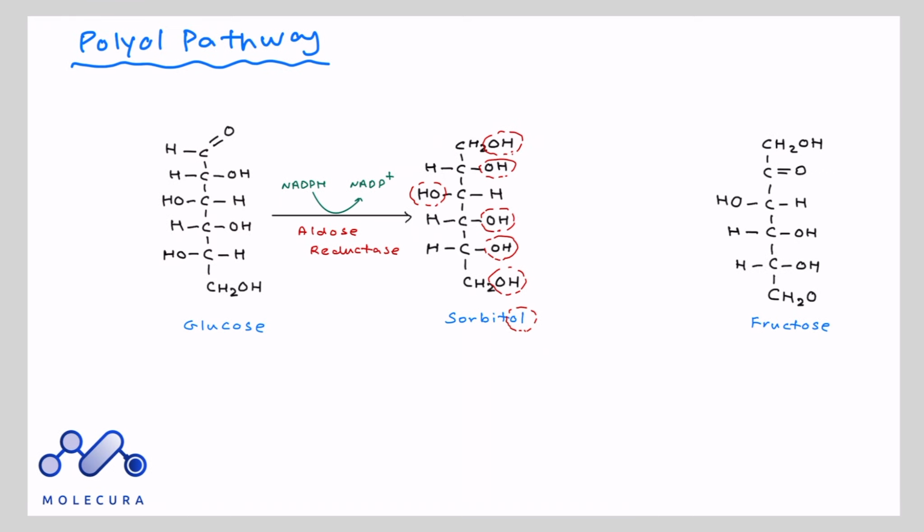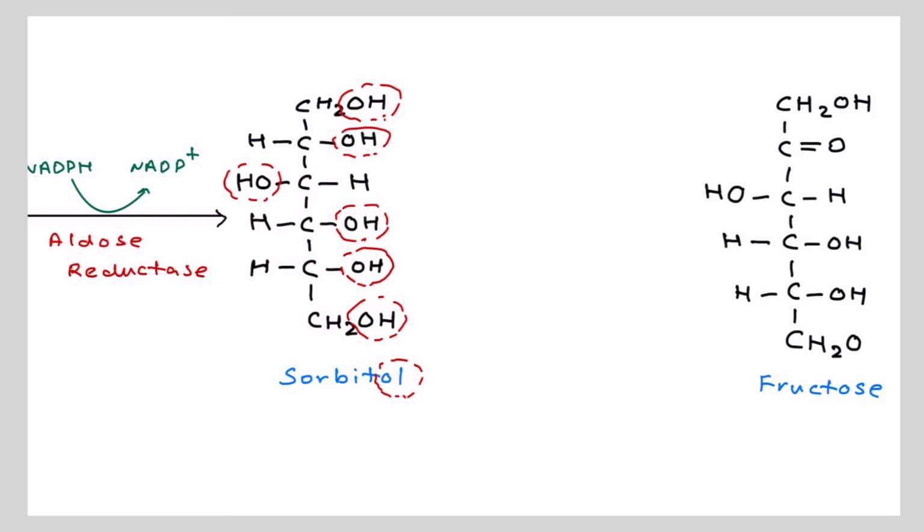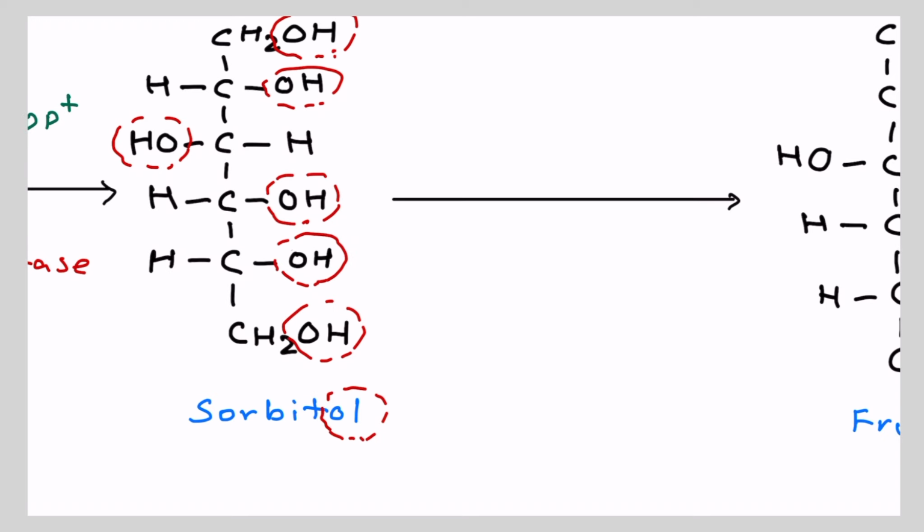But sorbitol under normal conditions is going to get converted into fructose, as we have talked about. And this is happening through the action of an enzyme that is called sorbitol dehydrogenase. So the enzyme that we have here is called sorbitol dehydrogenase.